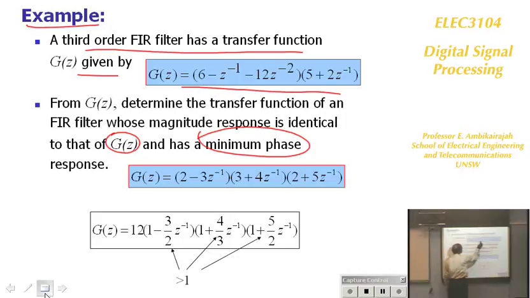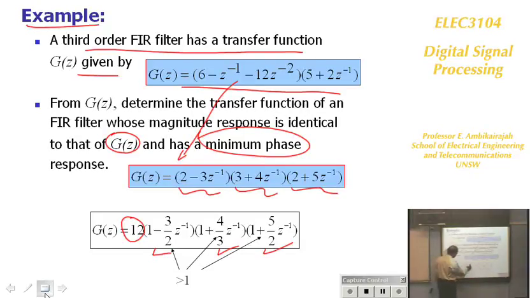In this case, if you factorize that, you get that one, and that one, and that one. If you now divide this by 2, divide that by 3, divide that by 2, you take 2 times 3 times 2, and 12 comes out, and these are your zeros.